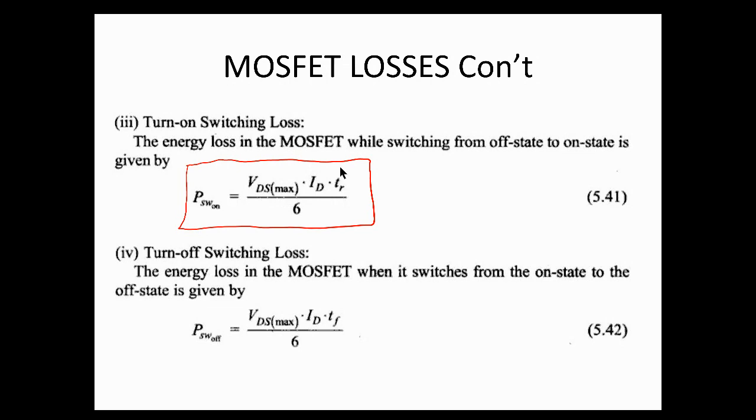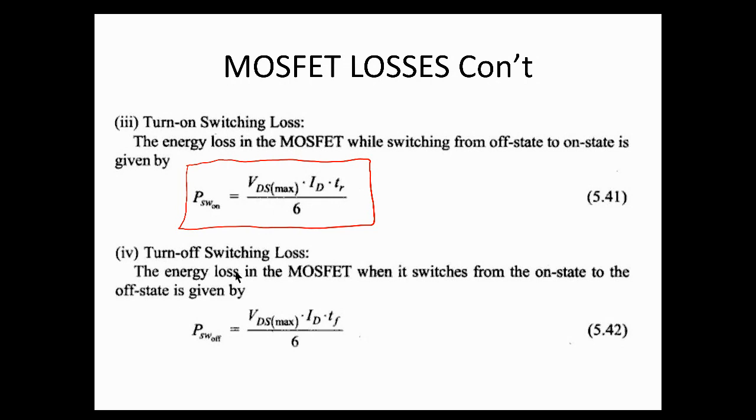Where do you get this from? You get this information from the data sheet. You will check your data sheet for the MOSFET that you are using. The manufacturer will inform you of the rise time for that MOSFET. So you take the product of the drain source voltage, the current and the rise time, divide by 6, and by doing so, you'll be getting the turn on switching loss.